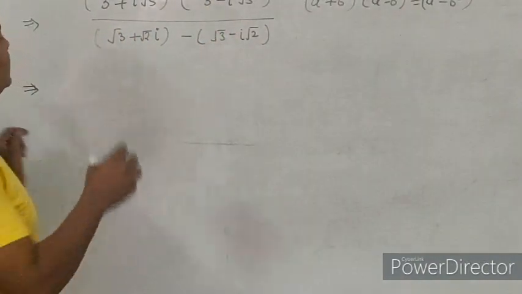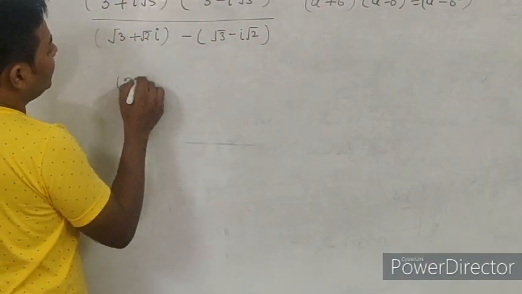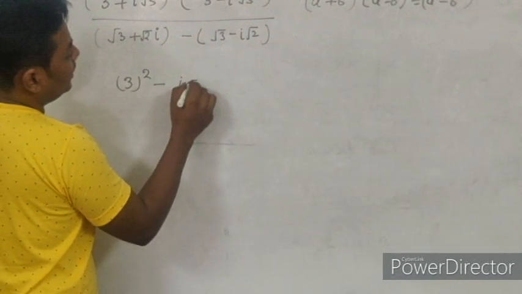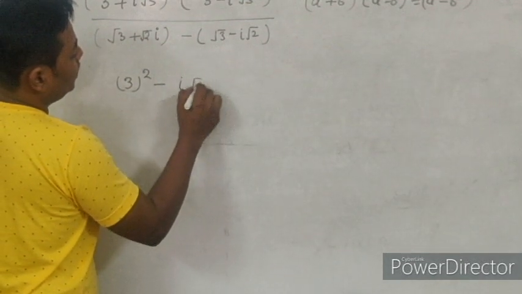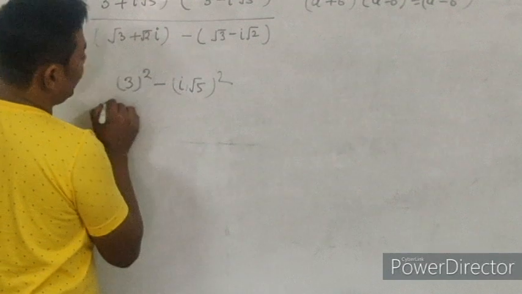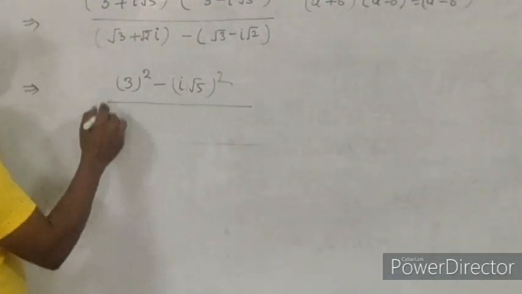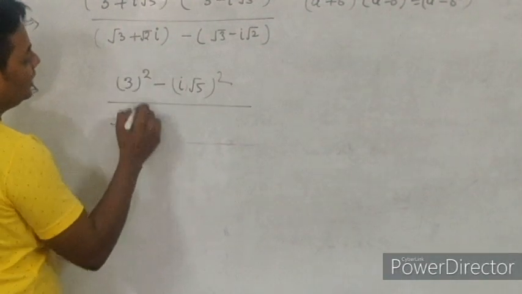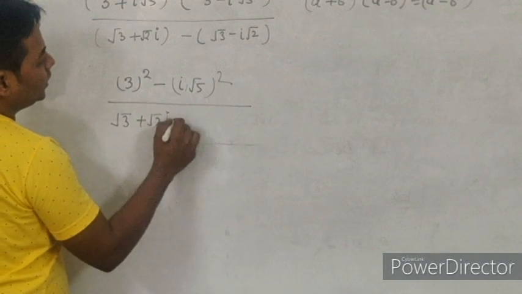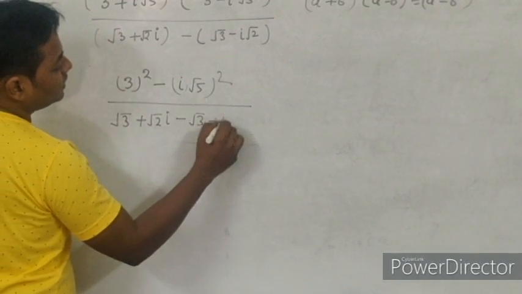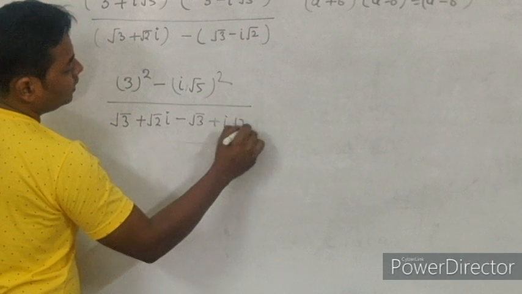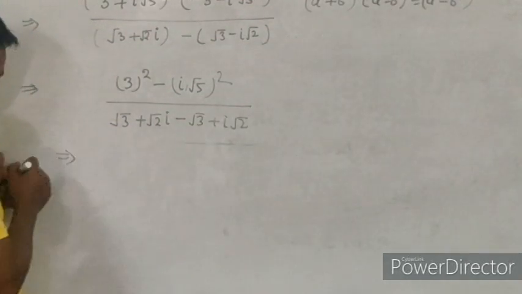क्लास 10 में पढ़ा था. तो यहाँ पे क्या होगा? 3 का स्क्वायर माइनस i√5 का स्क्वायर, upon √3 plus √2 i minus √3 plus i√2. Okay, let's solve this.